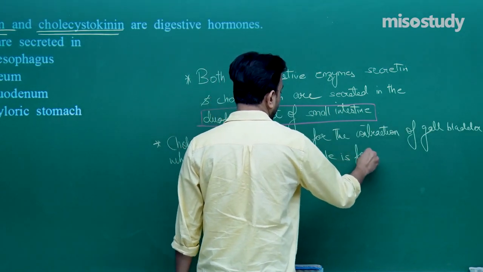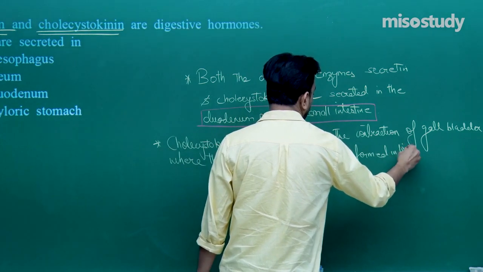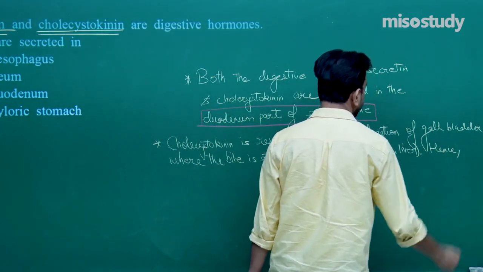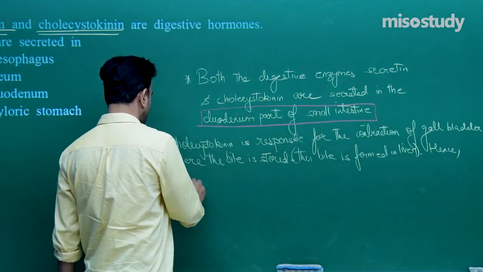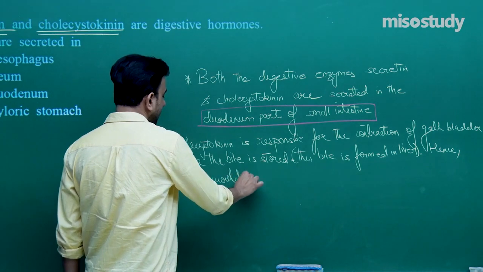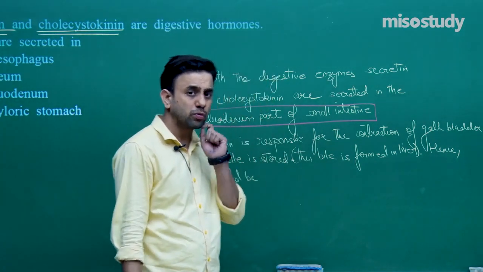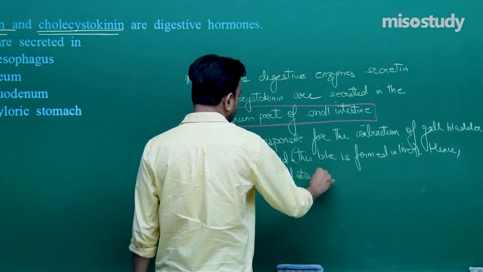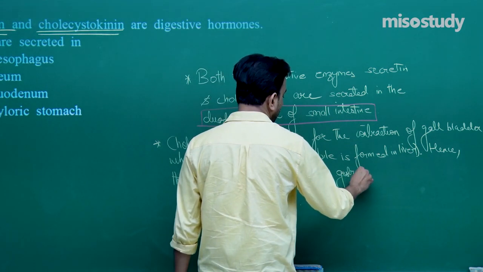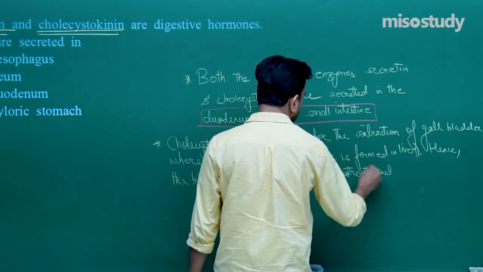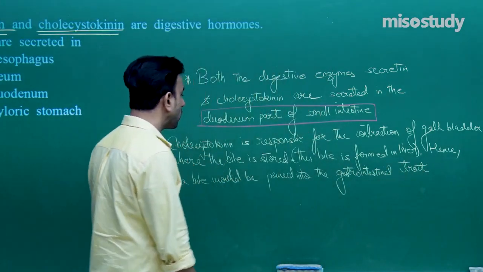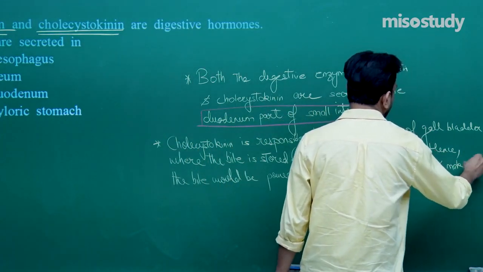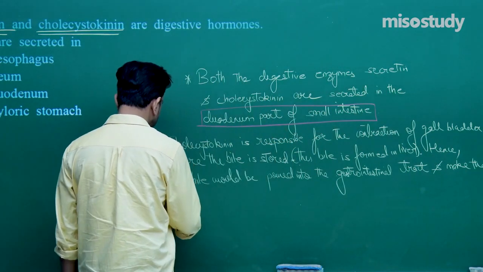This bile is formed in the liver, okay. Hence the bile would now be poured into the gastrointestinal tract and make the content alkaline, right.